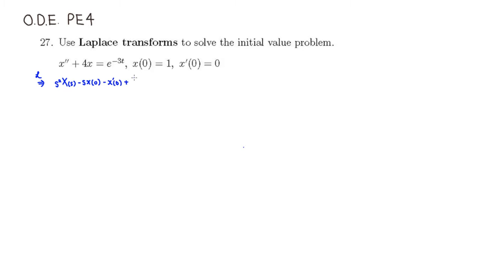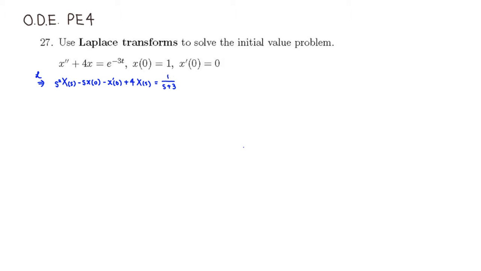Plus 4 times the Laplace transform of x, which is capital X of s. Then this is equal to the Laplace transform of e to the negative 3t, which would be 1 over s minus negative 3. So it's going to be s plus 3.